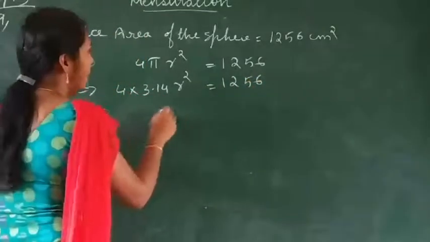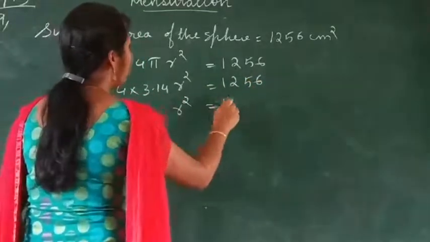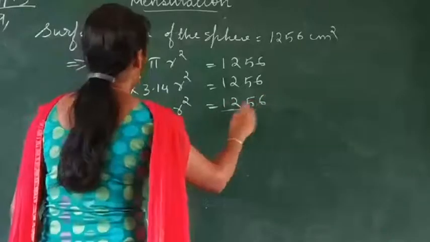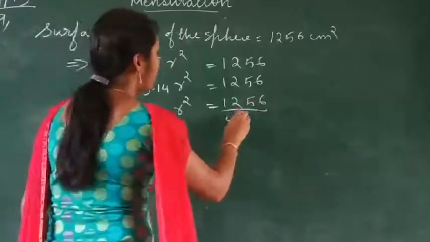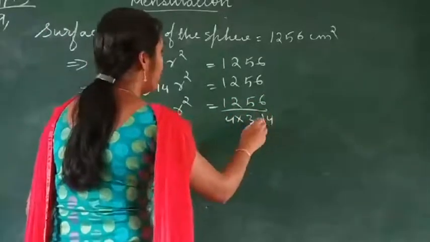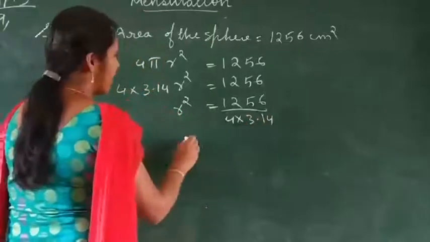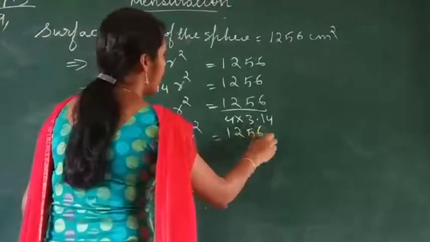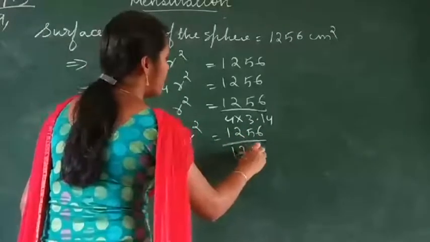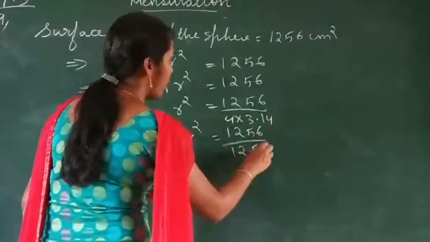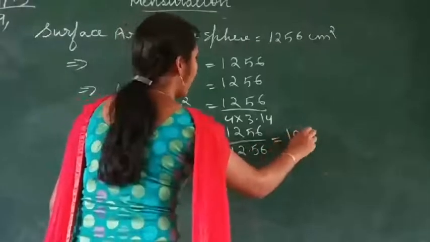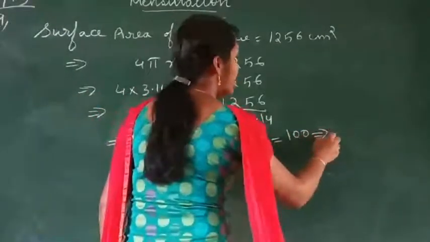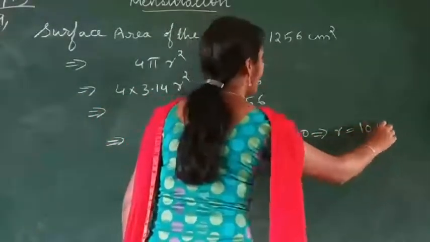That implies r² is equal to 1256 by 4 into 3.14. That is r² is equal to 1256 by 12.56. 4 into 3.14 is 12.56. That is equal to 100. That implies radius r is equal to 10 centimeters.